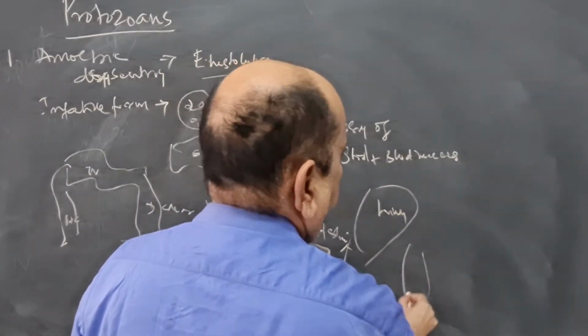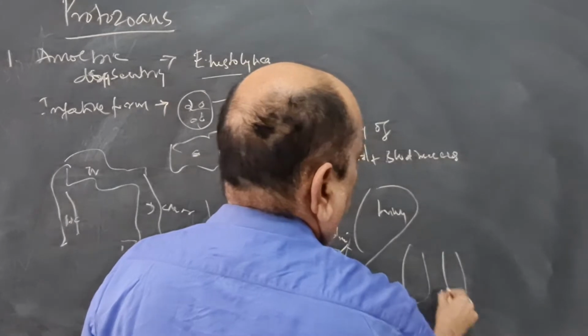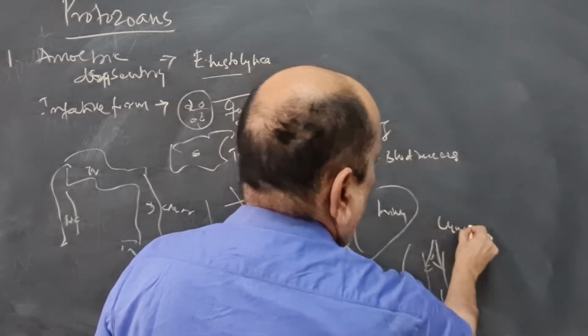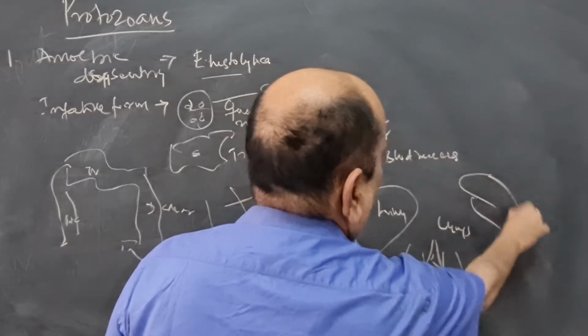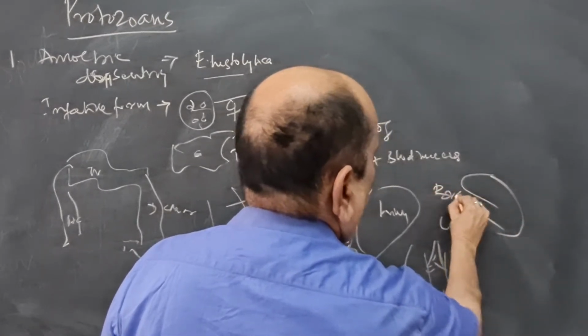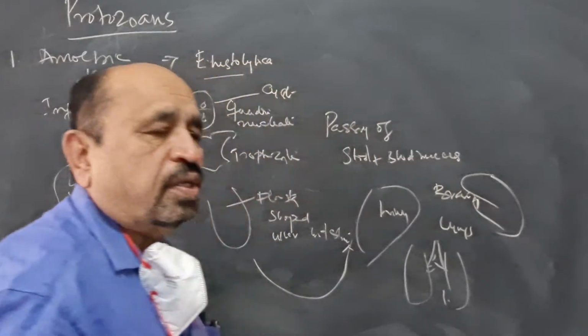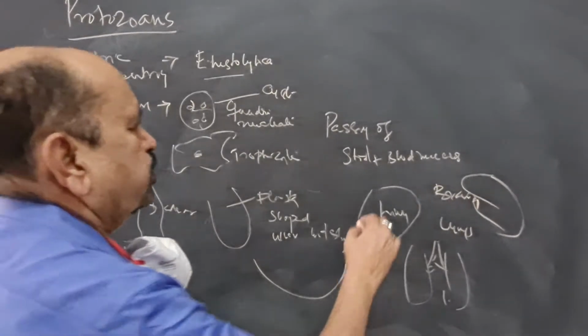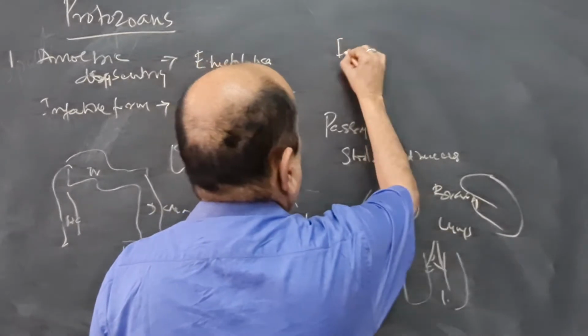They can go to the lungs, and they can go to the brain also. These are called extraintestinal manifestations of amoebiasis.